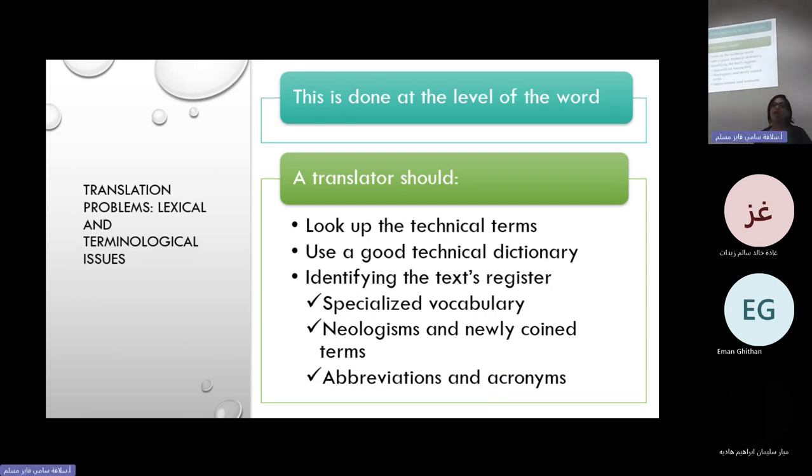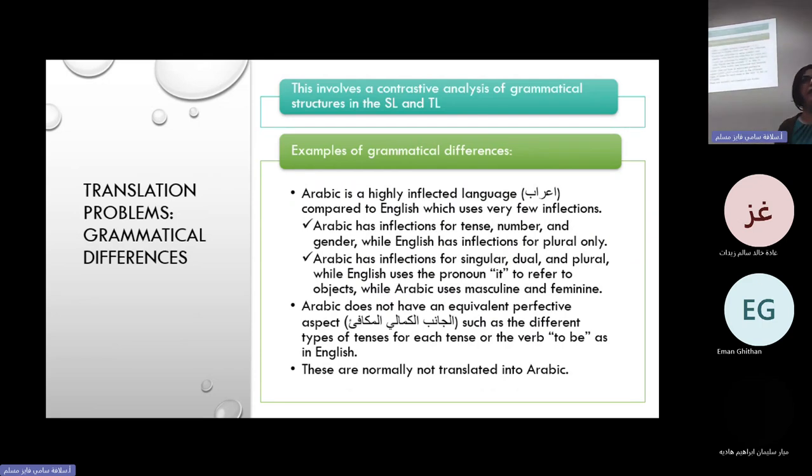And abbreviations and acronyms. Those in scientific and technical terms are a little bit tricky to translate. You need to know the full form of the acronym or abbreviation in order to translate it correctly into Arabic, for example. Okay?